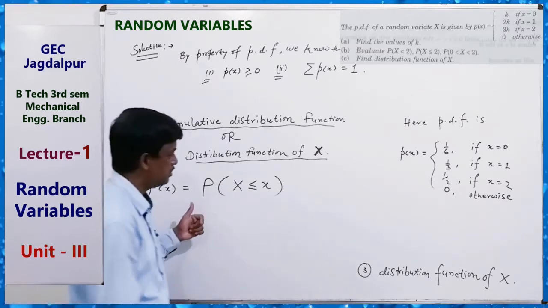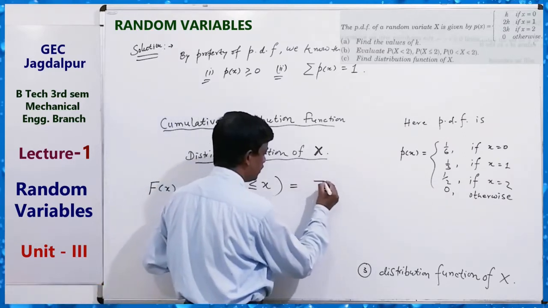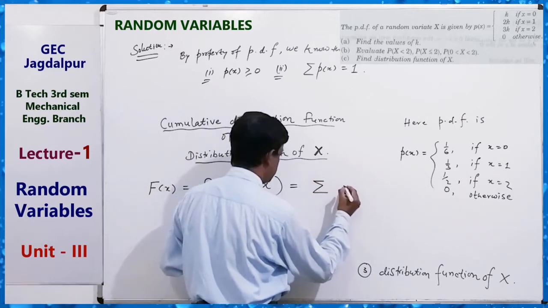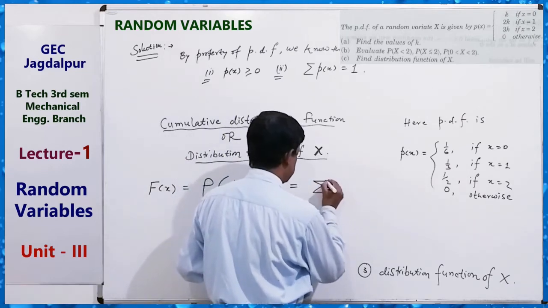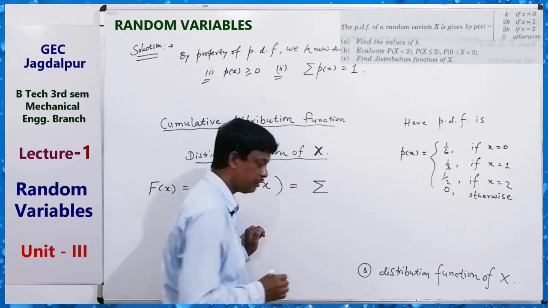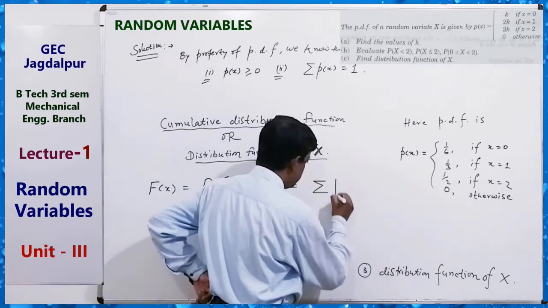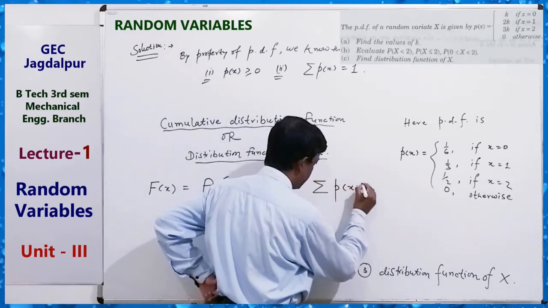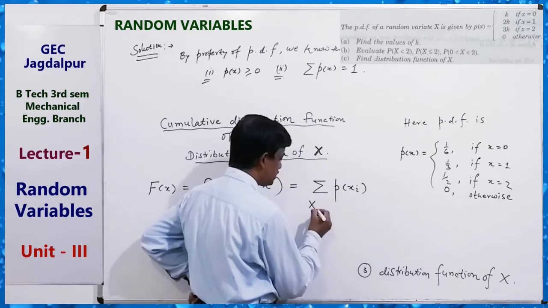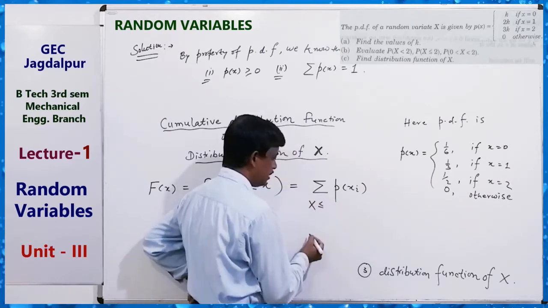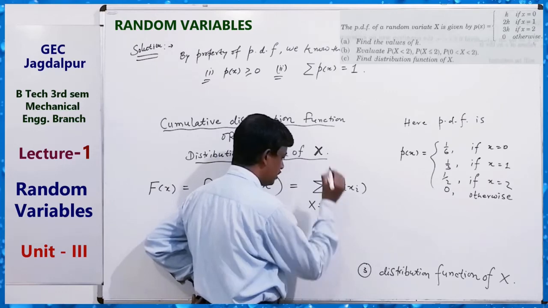For discrete, it can be written like this: the sum of p(xi) where xi is less than or equal to x.